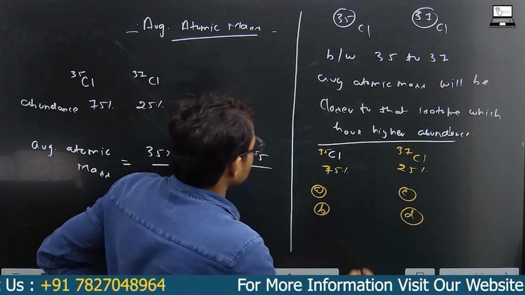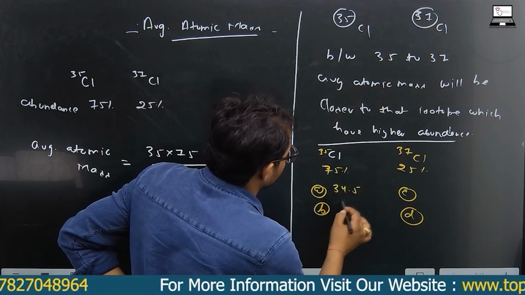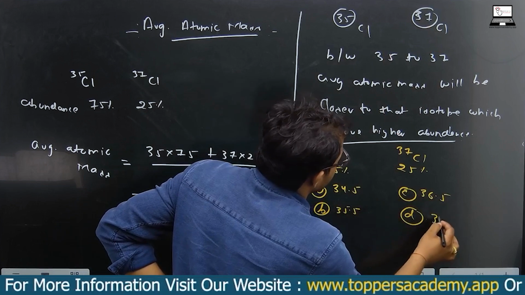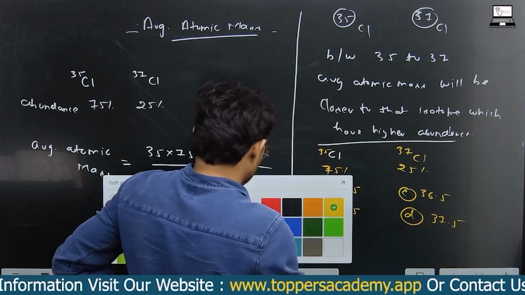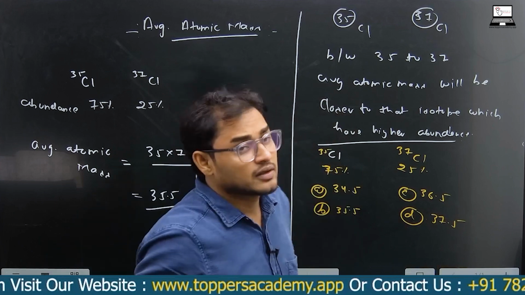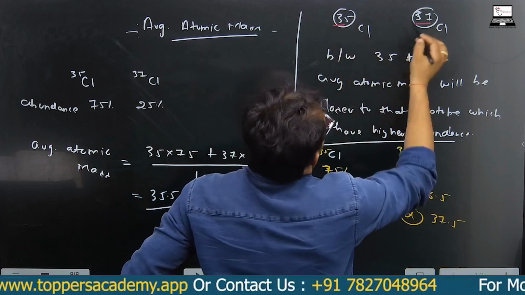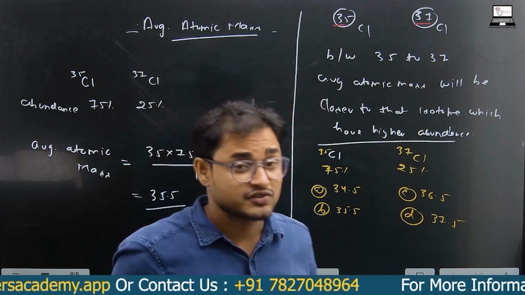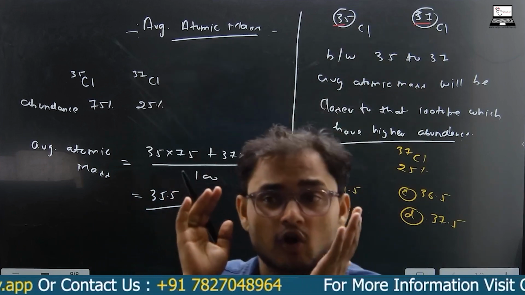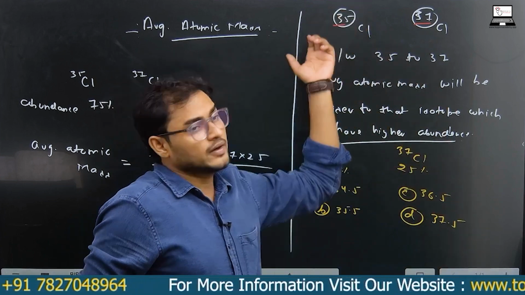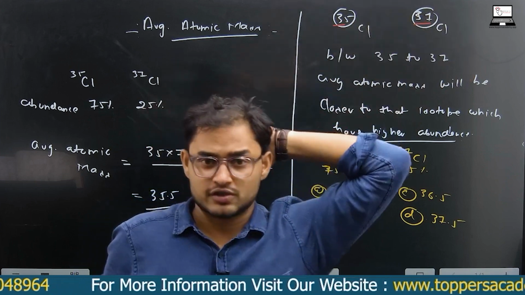Listen, the options are 34.5, 35.5, 36.5, 37.5. As I have told you, my dear students, the answer will be in between the atomic masses of the isotopes. It cannot be less than 35 or more than 37, right?